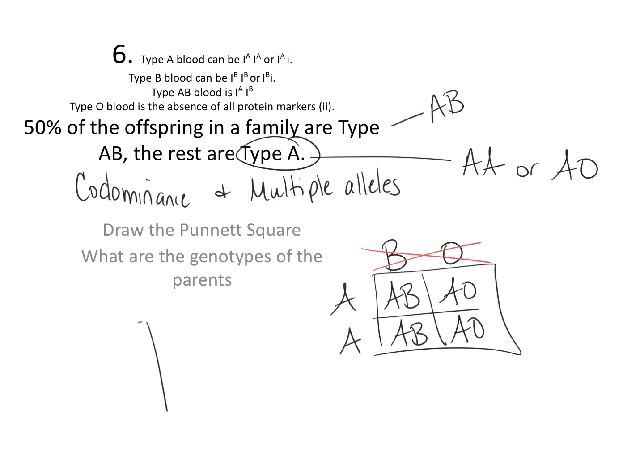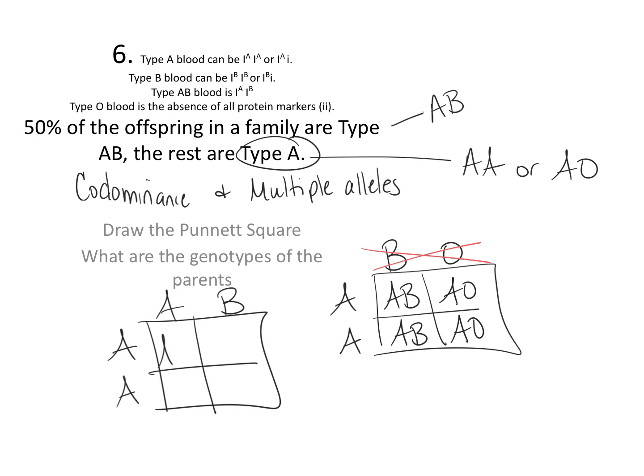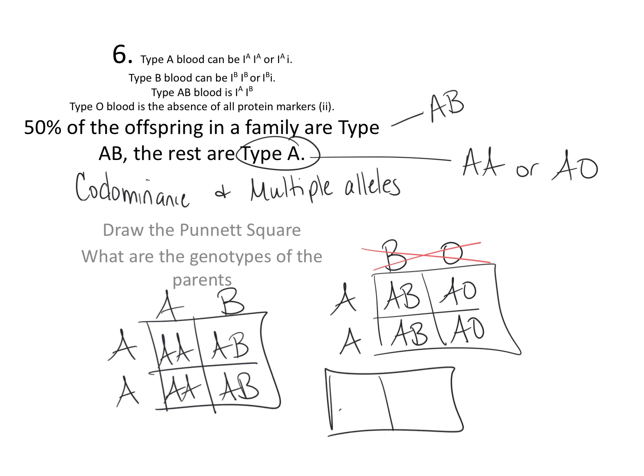We're going to make sure that our Punnett squares always have blood type AB or blood type A, or the A with the O. So if we had homozygous dominant, then we would have all blood type A's and blood type AB. If we had an AB with an AO, then we would still have all blood type A's.